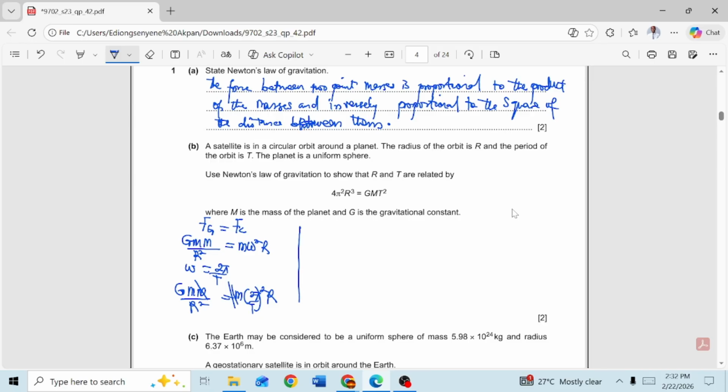So this will give us GM over r squared equal to 4 pi squared r over T squared. We rearrange it. This will give us GMT squared equal to 4 pi squared r cubed, which is what we are asked to show.